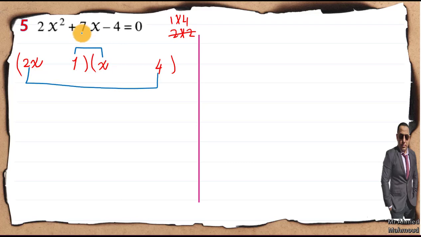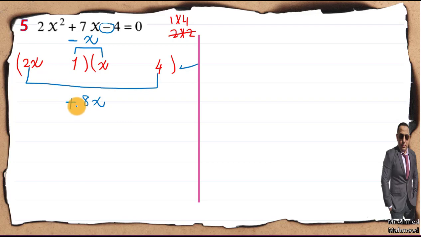Means: 1 times x equals x, and 2 times 4 equals 8x. I have minus here, so I'm going to subtract 8 minus 1. 8 minus 1 equals 7, so this is a correct choice. Now because this is minus, I'm going to send the middle sign to the bigger only. The bigger factor is 8, so this is positive, and x is negative.